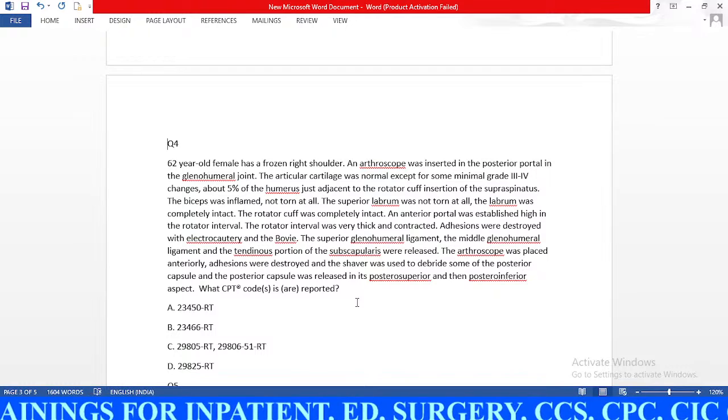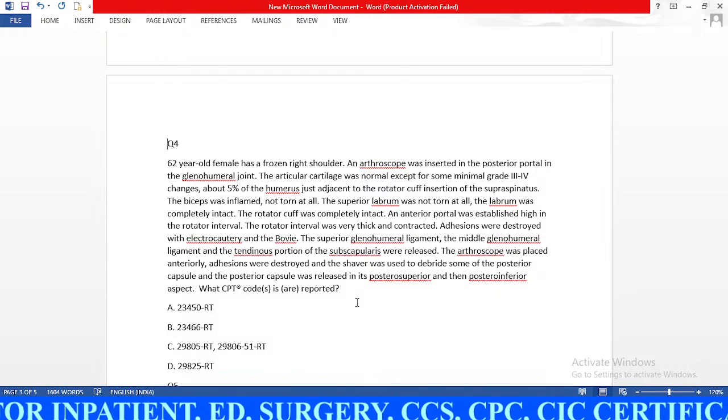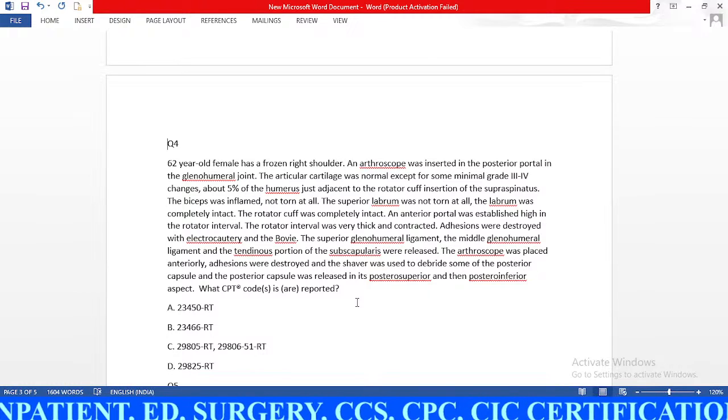So we have one more minute. There we have explained what is 2 by 3 and 3 by 3.